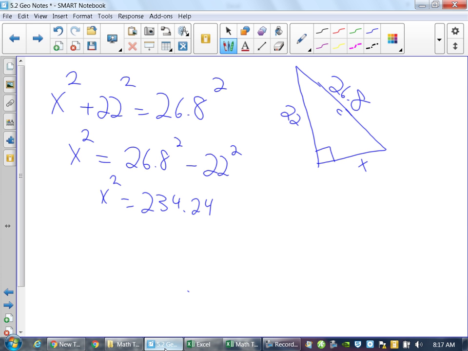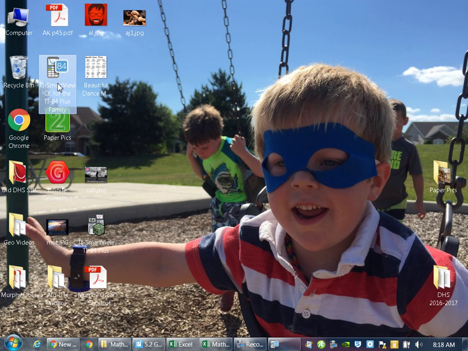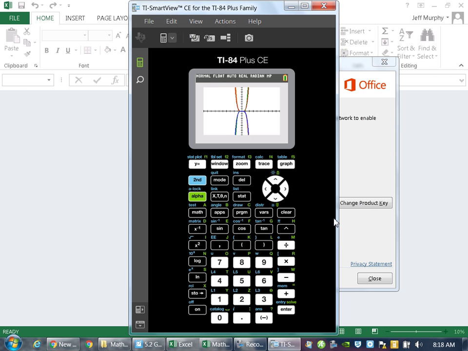So if we had 234, you hit second square root. And I'm getting 15.3. Now, like I said here, guys, we had 26.8 squared minus 22 squared.